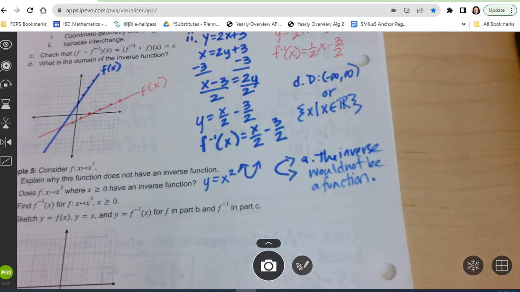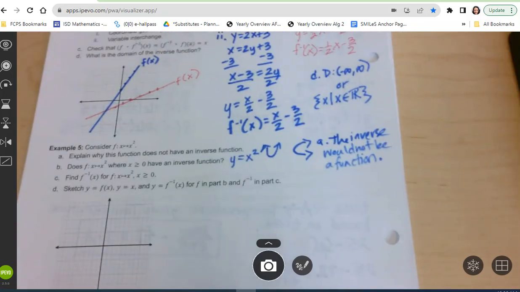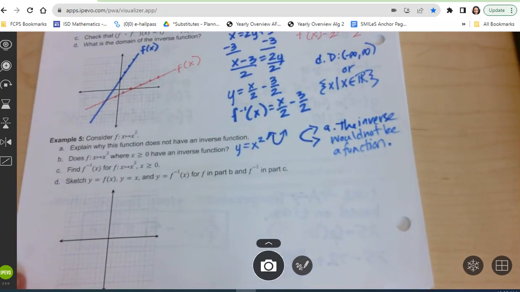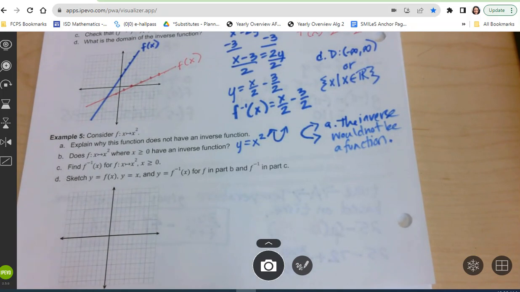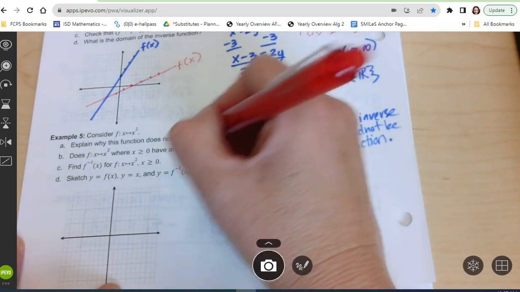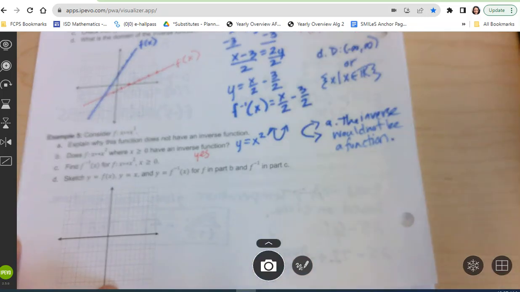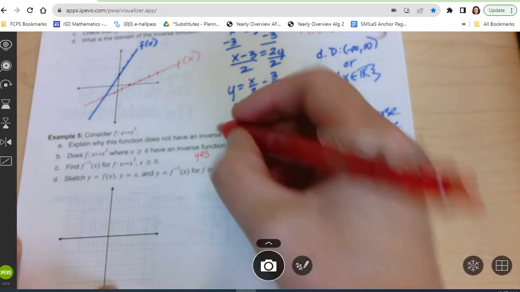Okay. And then it says, well, what about y equals x squared where x is greater than or equal to 0? Does that have an inverse function? And we said, yeah, that one works because it cuts off all of those extra x's that are going to give you a different y. So yes, part B does have an inverse function because it's only half the parabola.